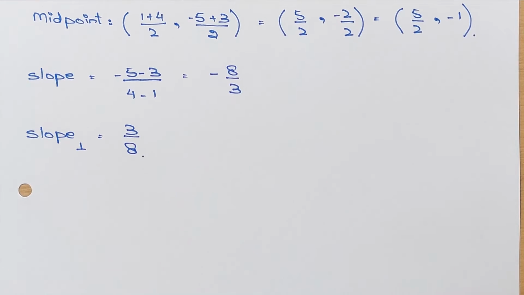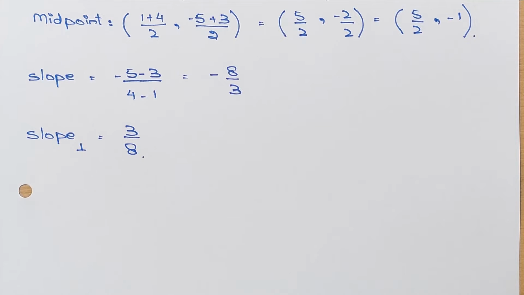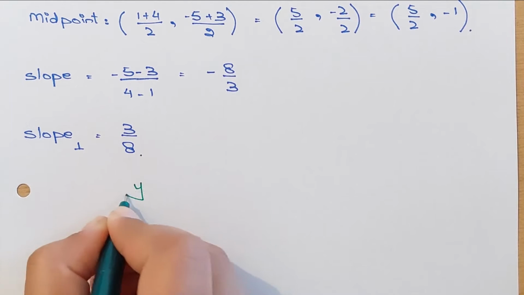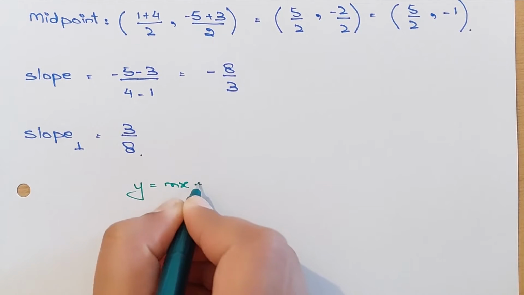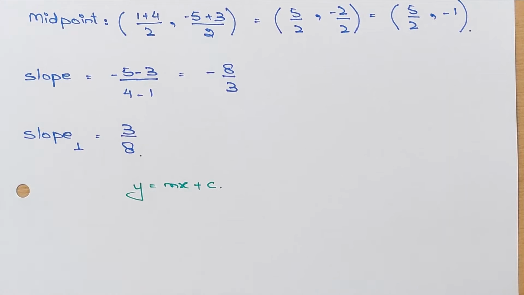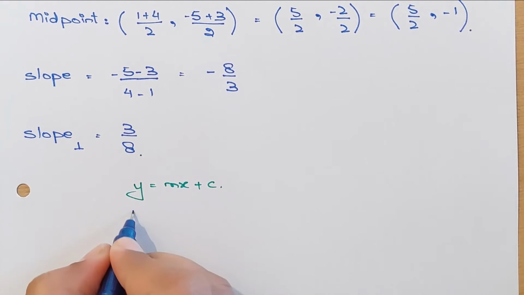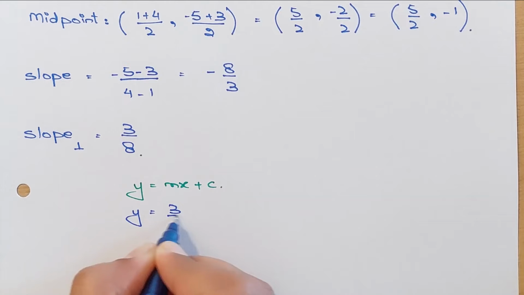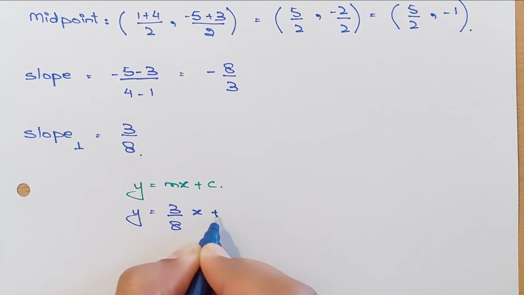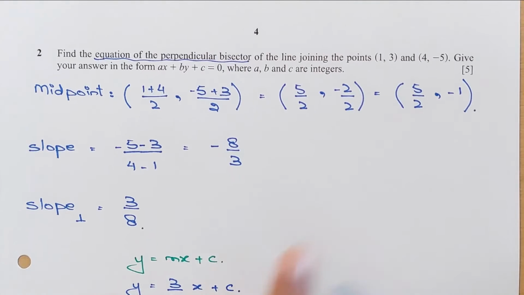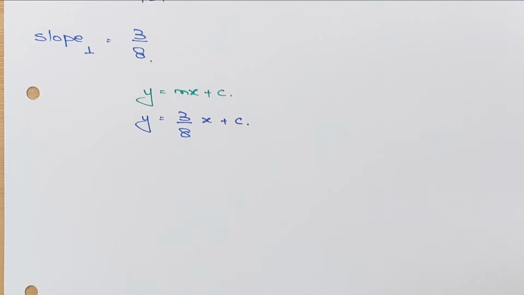Right, now let me write down the equation. Equation of the line is y equals to mx plus c. So we have y equals to, the slope is 3 by 8, x plus c, and to get the value for c we have to use the midpoint 5 by 2 and minus 1.